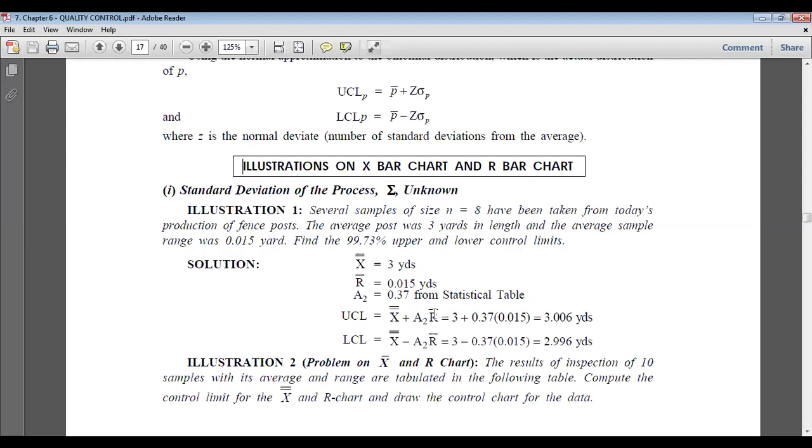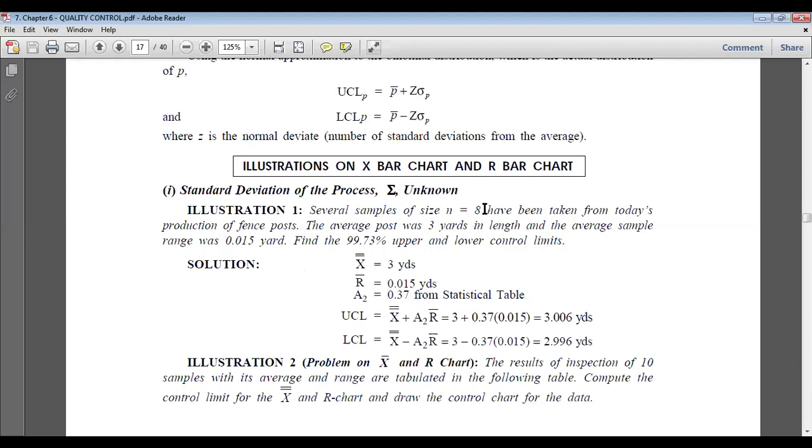First of all, we will be finding A2 and the upper control limit. Bar R, the range, is given as 0.015. The values D3 and D4 we have taken from the chart. Double bar X is 3 yards, the average post length, and the range is 0.015. The A2 value is taken from the statistical table depending upon the sample size.